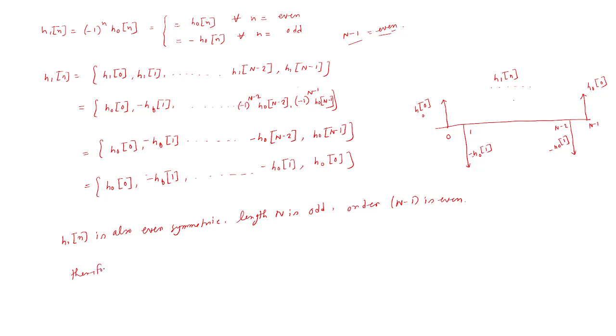Therefore h1 of z, which is the QMF pair of h naught of z, is also a type 1 linear phase FIR filter.